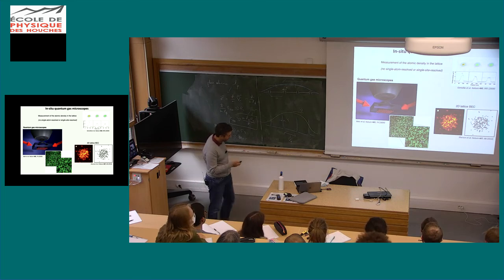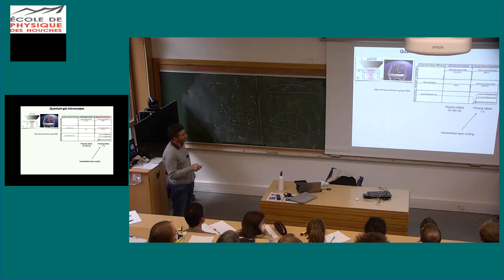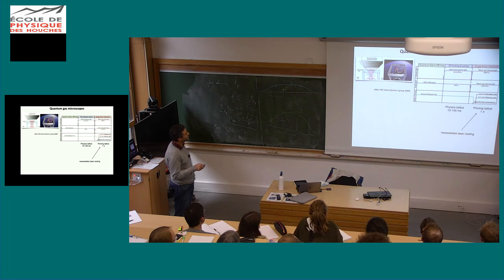It's not perfect yet, so let me tell you a little more about how it works. You have a large numerical aperture, and it works with a two-dimensional gas, represented here by these small red dots.